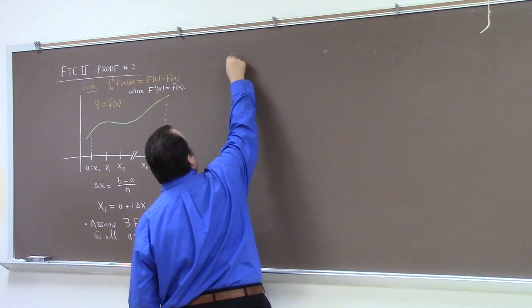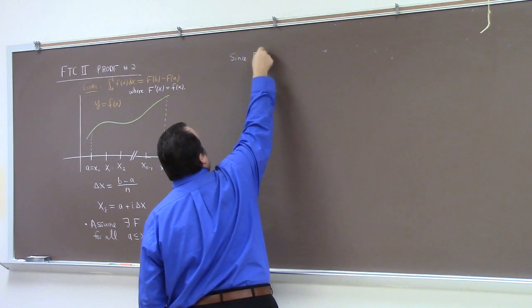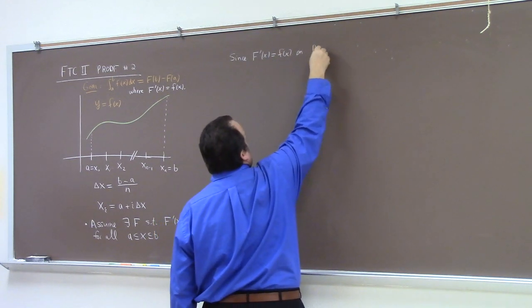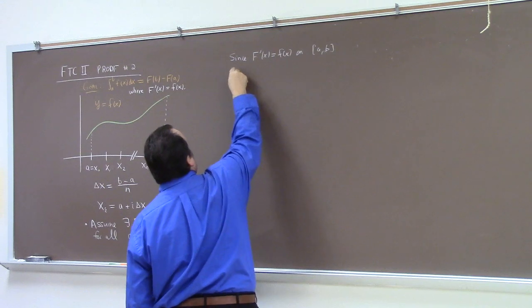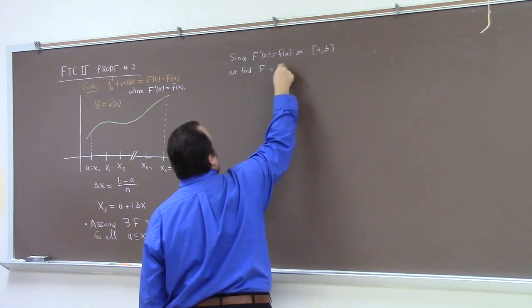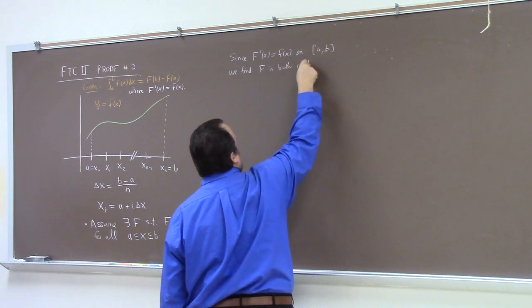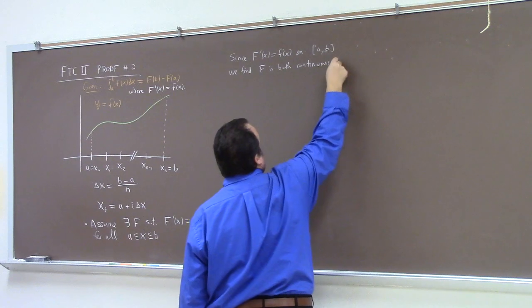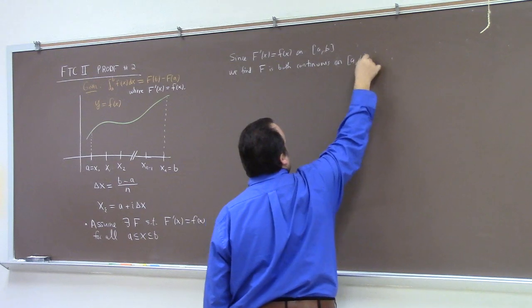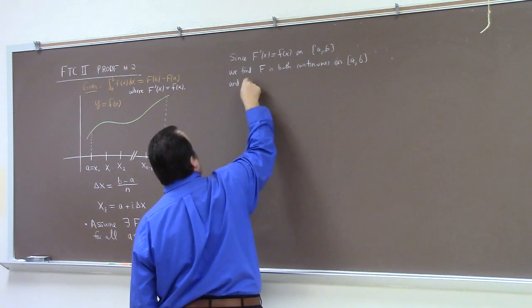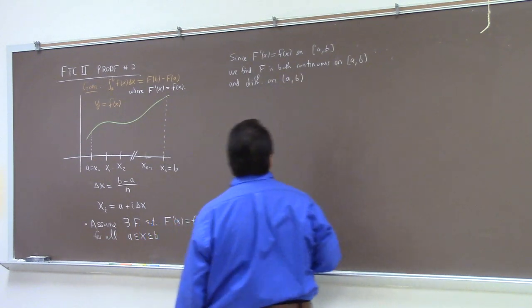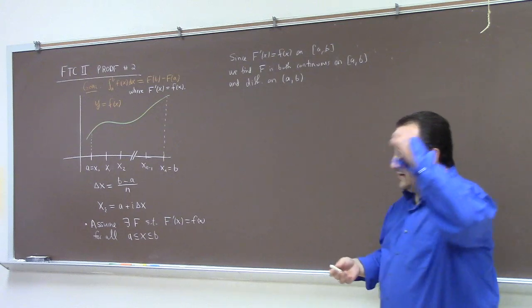So since F prime of x equals little f of x on [a, b], we find F is both continuous on [a, b] and differentiable on, of course, the open interval from a to b, because if it's differentiable, it's differentiable on (a, b).